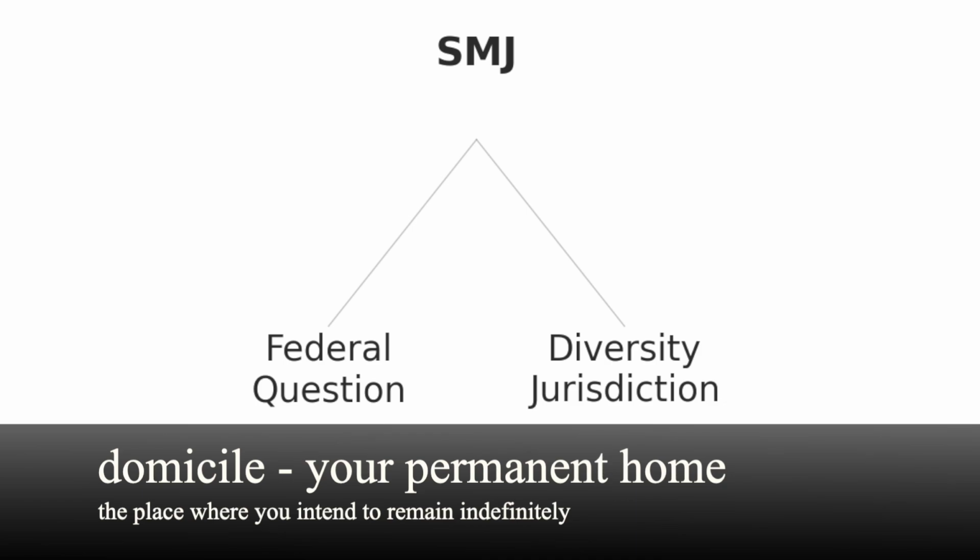So, for example, a student living in a different state for school wouldn't be considered domiciled there because it's temporary. Their domicile would likely remain their home state, even though they're living somewhere else for school. So for our hypothetical law student, packing up and heading to law school doesn't change their state citizenship for diversity jurisdiction. That's right.